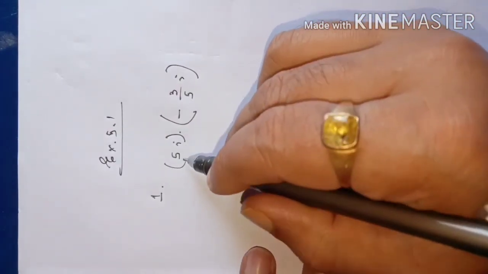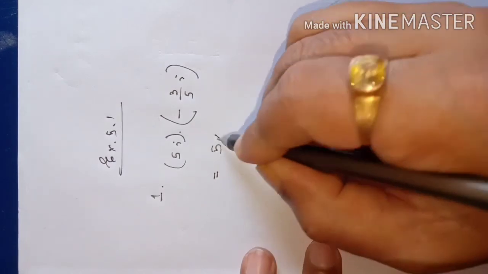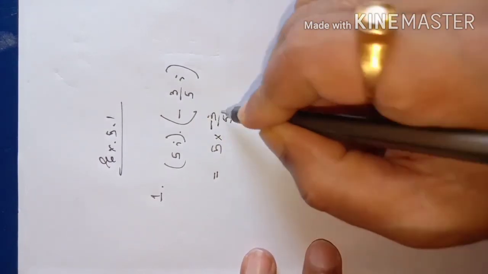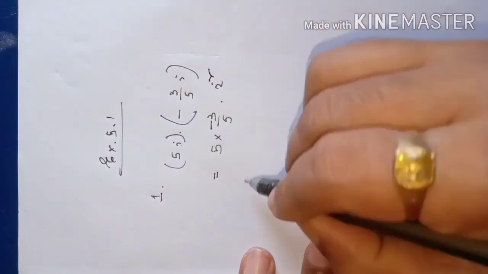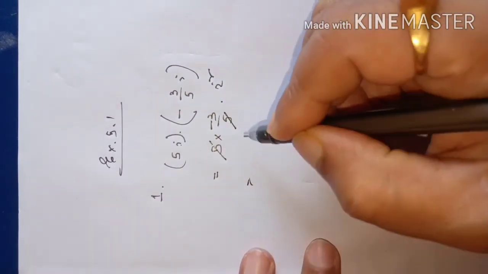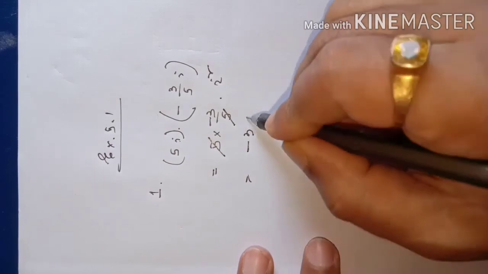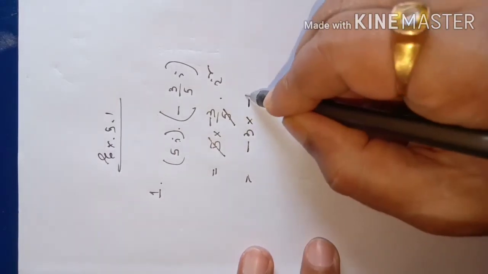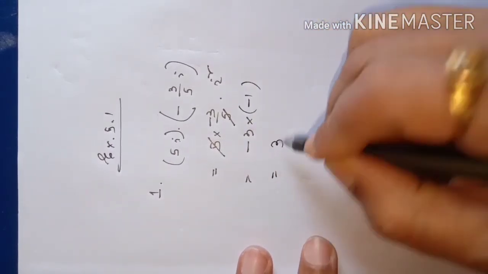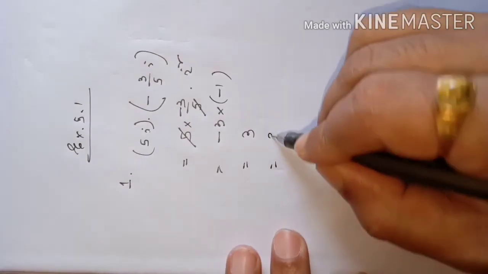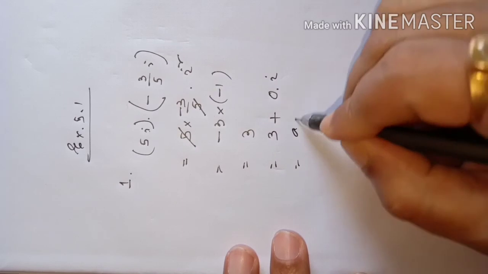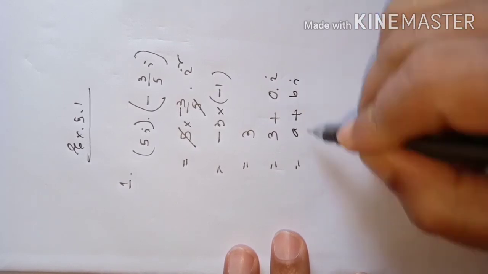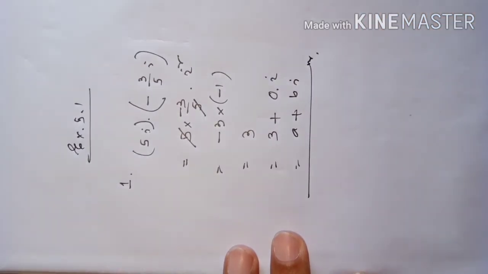Multiply the real with real, 5 into minus 3 by 5, then iota into iota is iota square. So 5 cancels, and it will be minus 3 into iota square, which is minus 1. That will be equal to plus 3, which can be written as 3 plus 0 into iota, which is in the form of a plus b iota. Okay, dear students, this is how we can write.